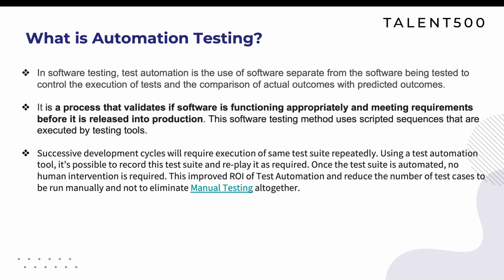Now let me give you a very simple example which will help you to understand what automation testing really is. Somebody is developing a product where you will first visit a website, for example xyz.com. Then you need to enter your details, for example your name, mobile number and your address.